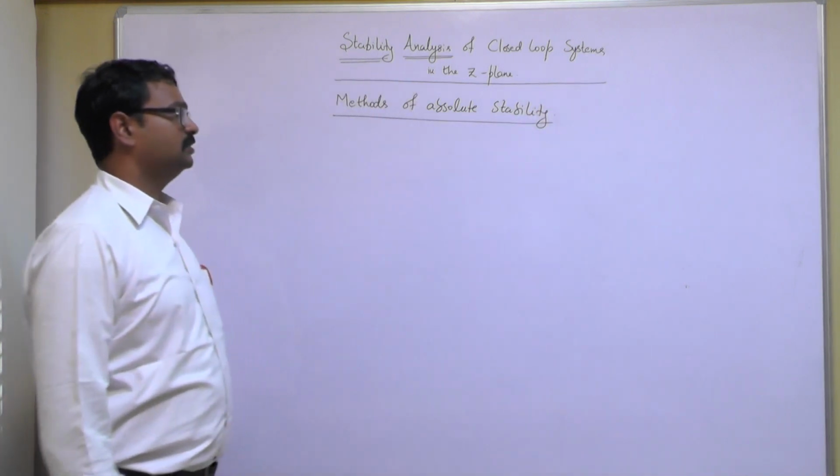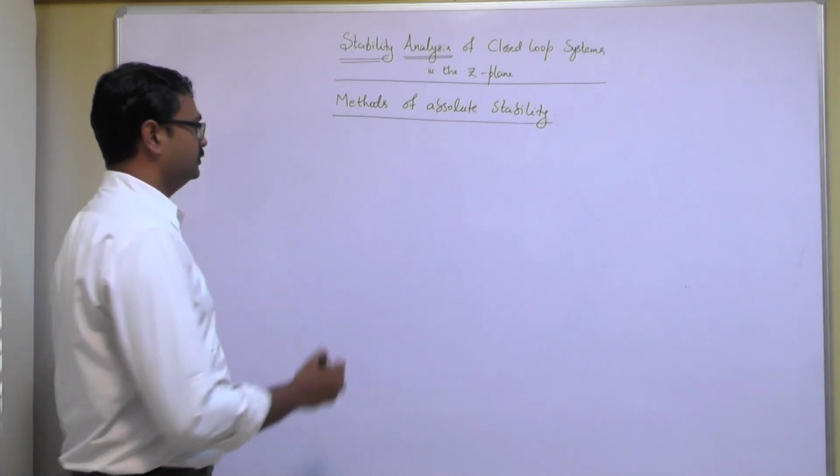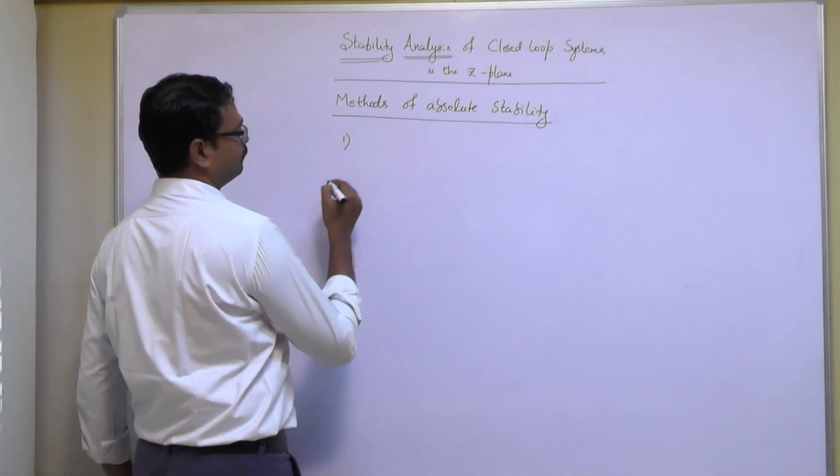In the methods of absolute stability, to determine absolute stability, we have three different methods.